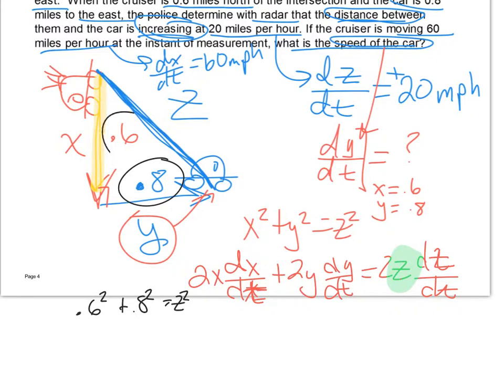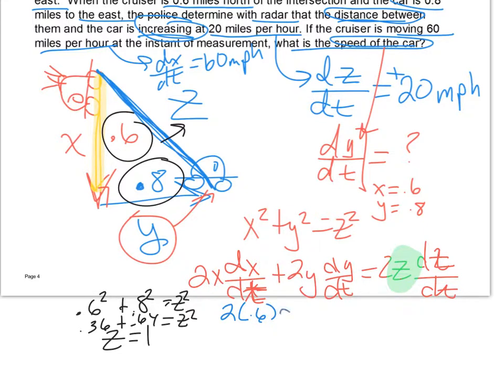Use the given information for this moment in time to find the distance between them. I'm seeing a 6, 8, 10 triangle here. If you see that right away and you know that z equals 1, go for it. Otherwise, you're going to have 0.36 plus 0.64 equals z squared, and I think you'll quickly see that z has to be 1.